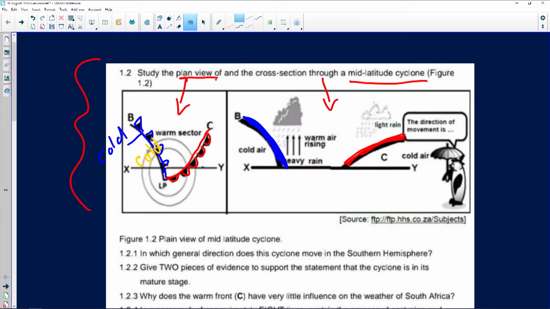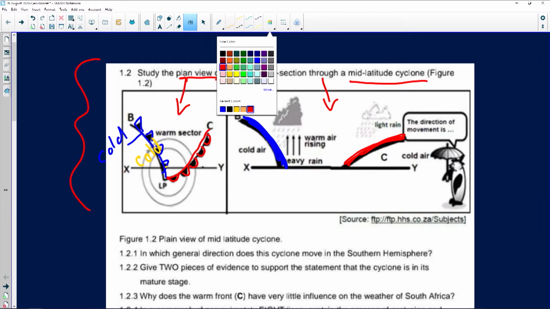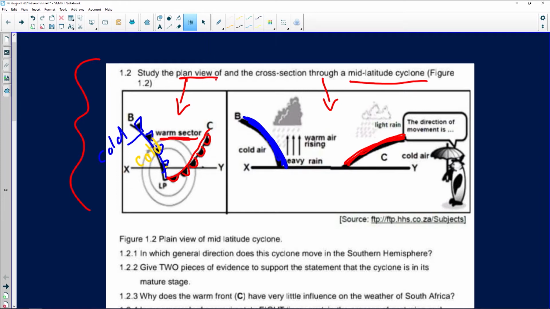They've actually given you the warm sector. As you can see, the warm front is the leading edge of warm air, so between the cold front and the warm front, it's warm air. What's happening in front of the warm front? Keep in mind, it's also going to be cold air.